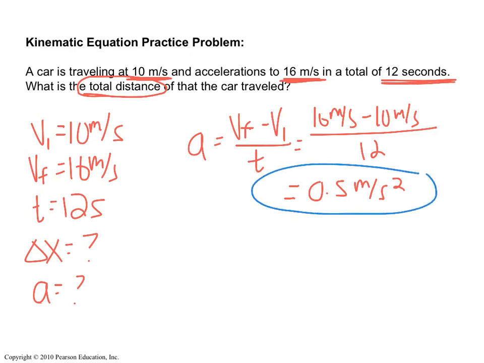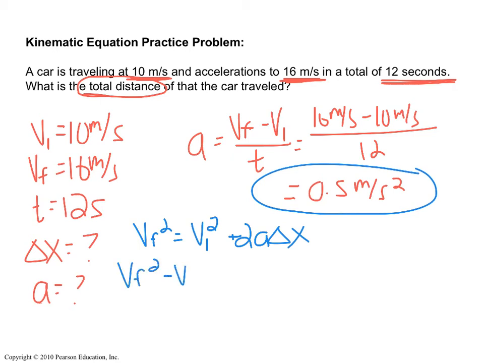Now take a minute to go back to our kinematic equations that you should have written down. At this point, I have velocity initial, velocity final, time, and I have acceleration. So there's only one that I can use. So that's VF squared equals VI squared plus 2A delta X. Okay, so my first step is that I need to rearrange this equation.